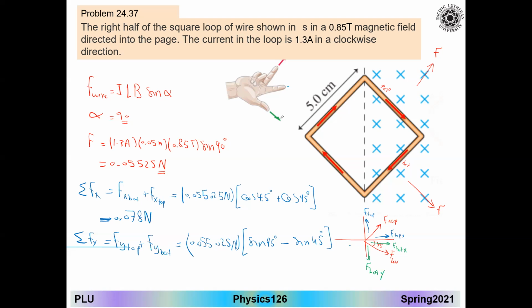The two components are in opposite directions, so this component will be equal to 0.